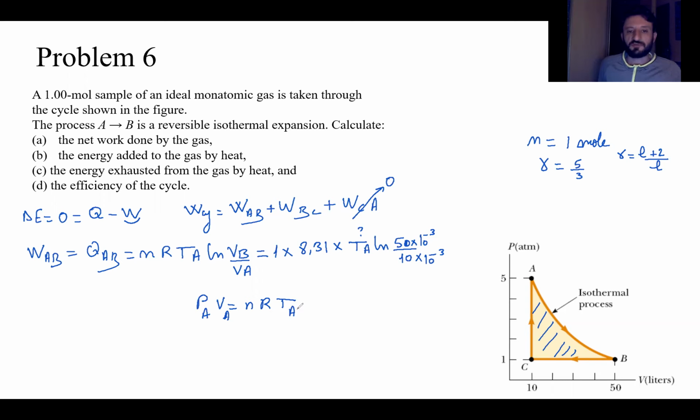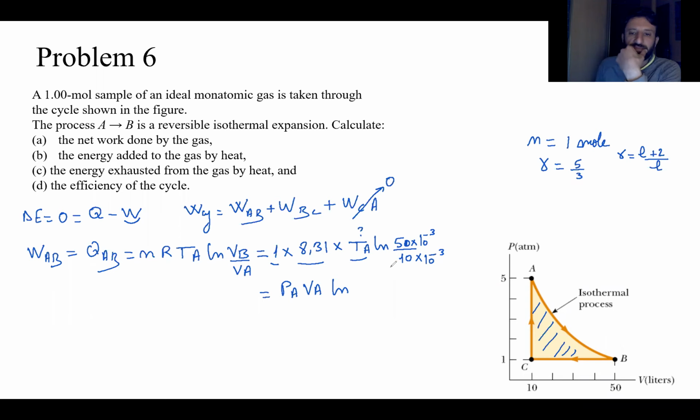We can substitute the value of TA equals PA VA divided by nR, or you can say directly nRT equals P times V. So we can write here equals PA VA times ln of VB over VA.